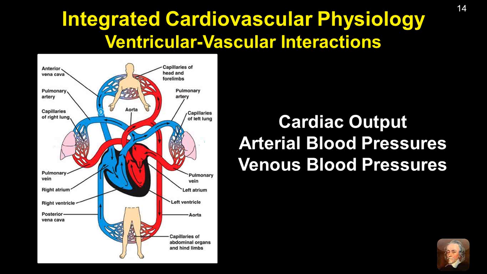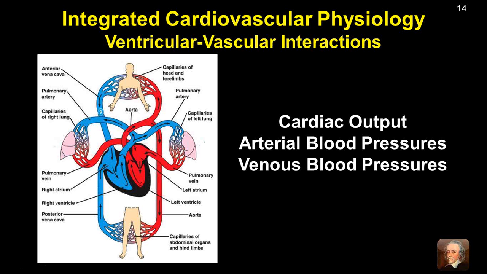I'm not going to have time to go into it today, but there are now relatively simple but thorough ways of dealing with ventricular-vascular interactions that allow one to get an extremely detailed understanding of the determinants of these important parameters if you understand the basic concepts of preload, afterload, contractility, and lusitropy.